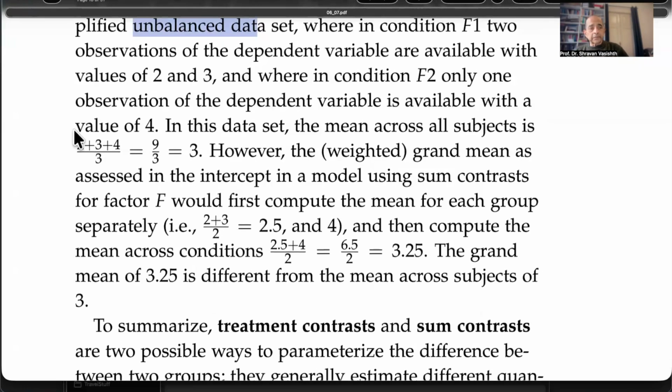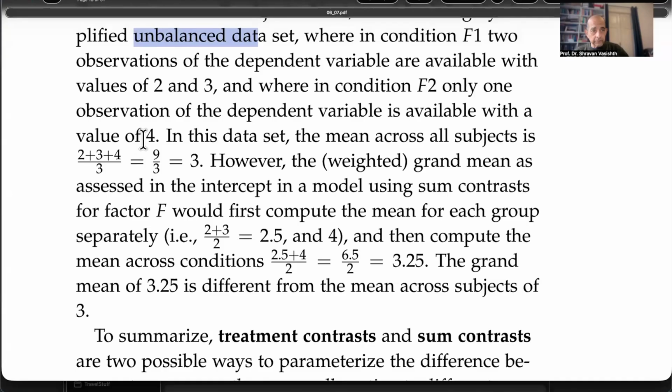But if you take the weighted grand mean as assessed in the intercept in the model using some contrast coding, what that would amount to is first computing the mean of F1, that is 2 plus 3 divided by 2, which is 2.5, and the mean for F2, there's only one data point, so the mean of F2 is 4. Therefore we've got 2.5 and 4. Now if we take the mean of these two, 2.5 and 4 divided by 2, we get 3.25. So we're not going to have the same value as the grand mean of the entire vector.